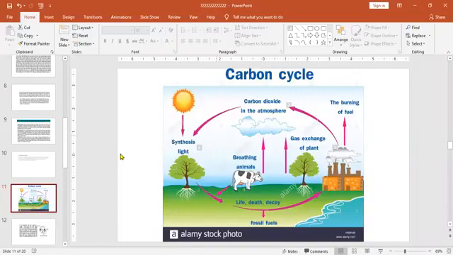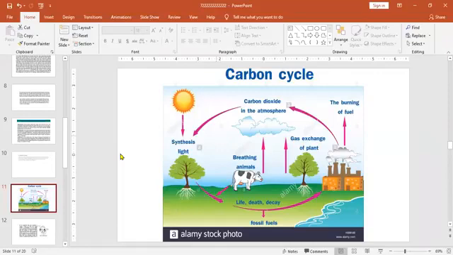When plants and animals die and are decomposed by bacteria, they mix with soil. This creates fossil fuel. When fossil fuel like methane is burned, it produces carbon dioxide.